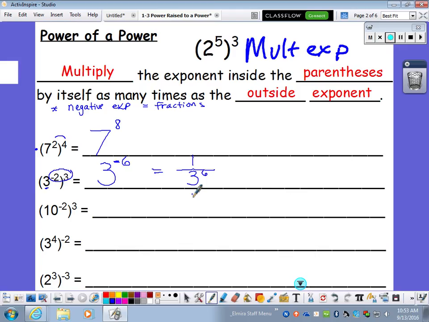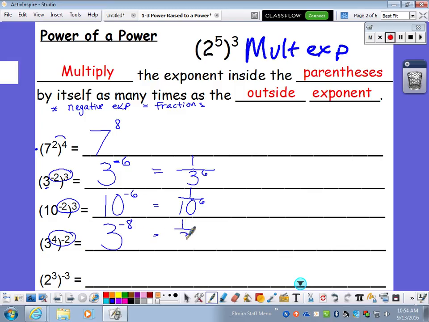All right, 10 to the negative 2, all to the 3rd, same exponents again. 10 to the negative 6th, but we got to make a fraction. 1 over 10 to the 6th. 4 times negative 2 is negative 8.